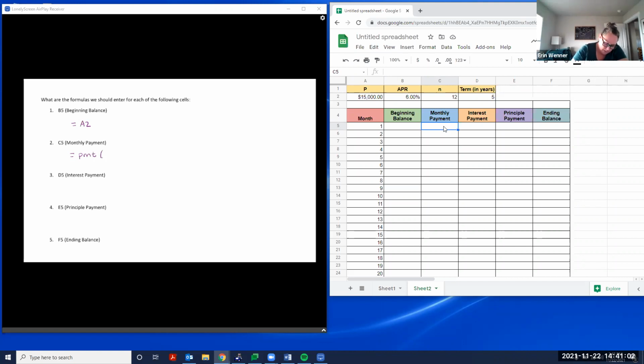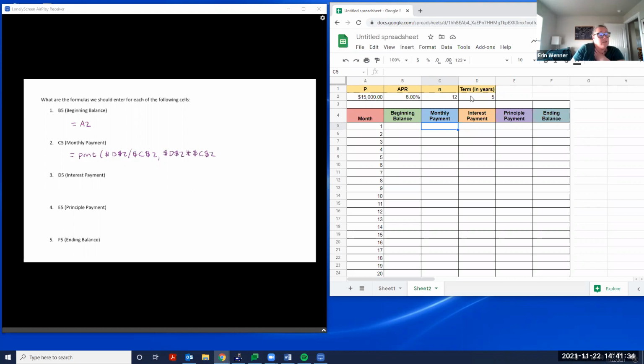So we're going to do equals PMT, $B$2 divided by $C$2. Again, B2 is your interest rate divided by the number of periods. So that's creating your periodic rate. And then we're going to do $D$2 times $C$2.